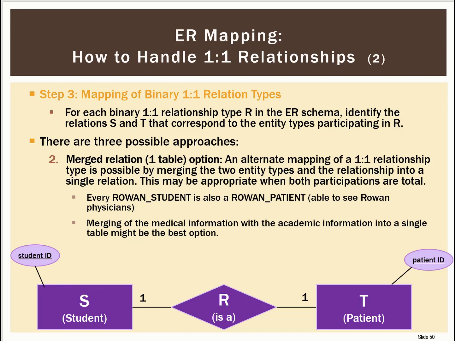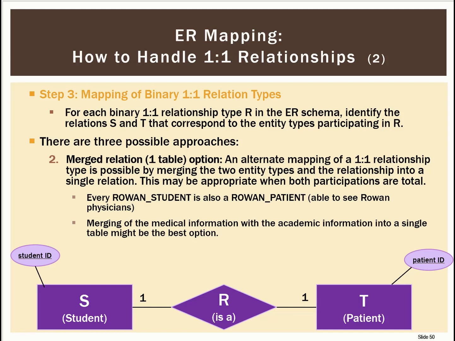In the student table, I might store things such as your GPA, your major. But in the patient table, I might store other things like your weight, your height, your blood pressure.